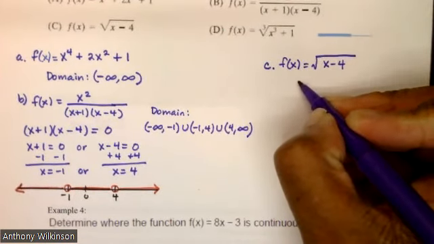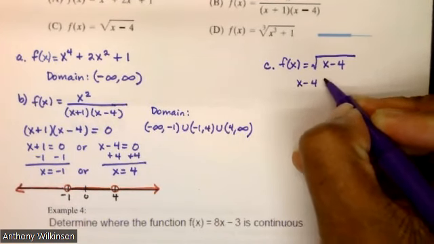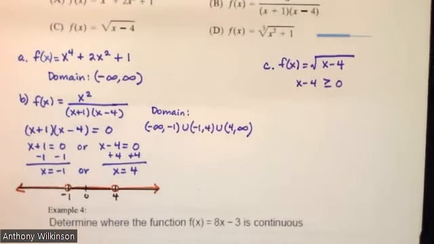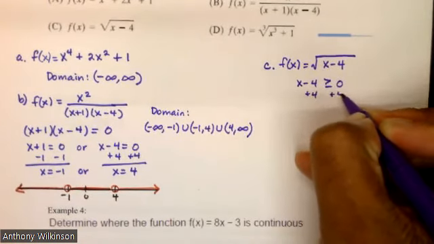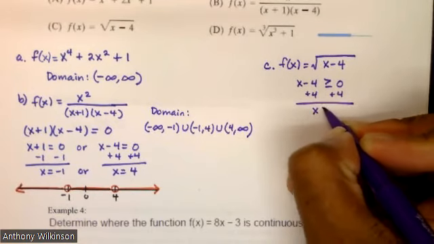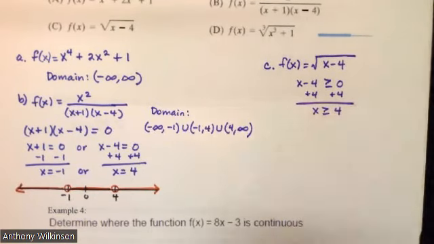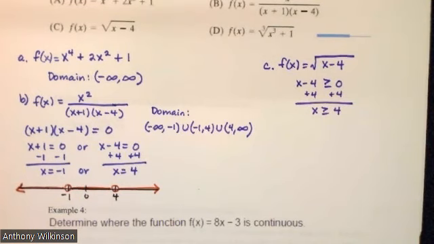So in this case, I'll take that x minus 4, set that to be greater than or equal to 0. And to get x by itself, we'll add 4. That would mean that any x value greater than or equal to 4 would satisfy this square root function.